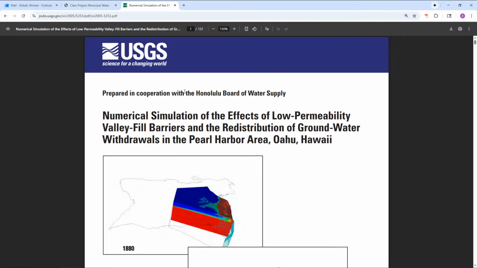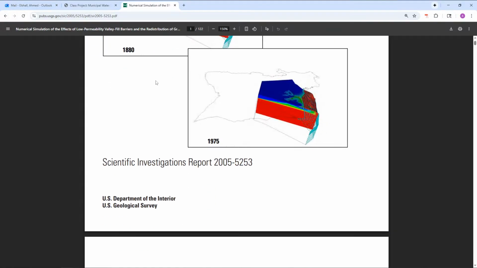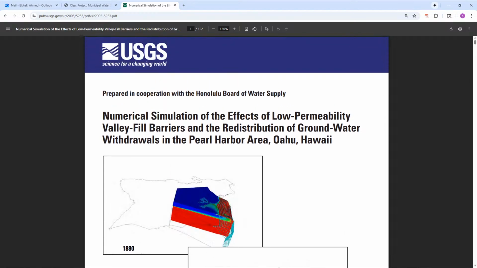So here it starts with a cover page that has the title: Numerical Simulation of the Effect of Low Permeability Valley Fill Barriers and Redistribution of Groundwater Withdrawal in Pearl Harbor, Oahu, Hawaii. These low permeability valley fill barriers are zones that will prevent saltwater intrusion coming from the ocean.